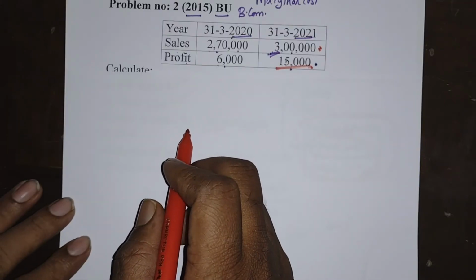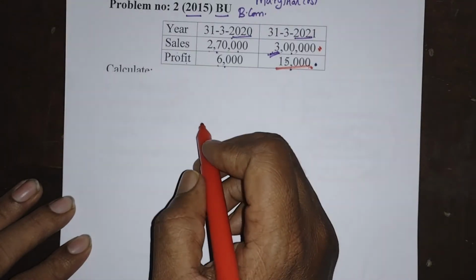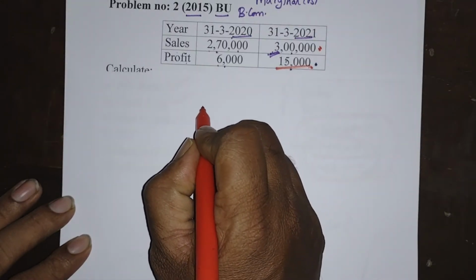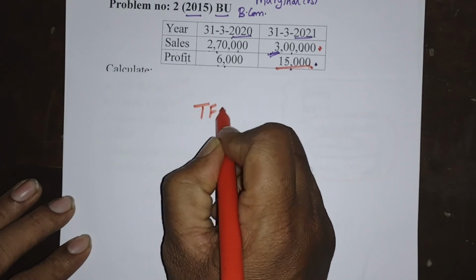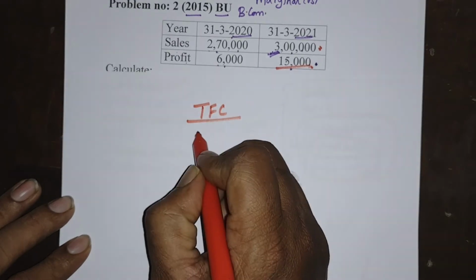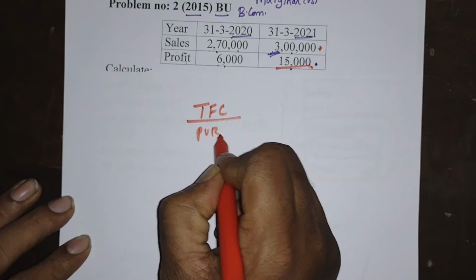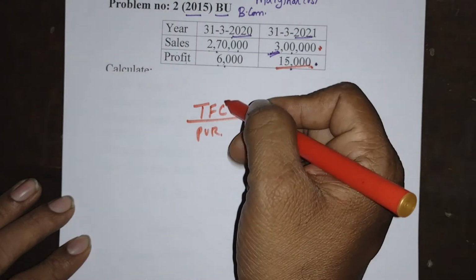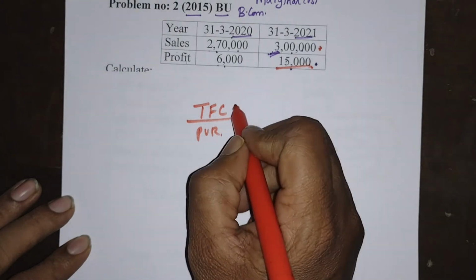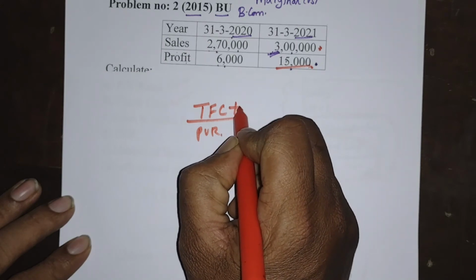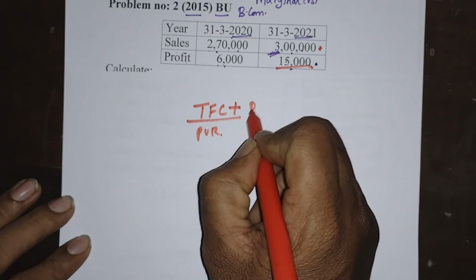For that, it is very simple to apply the BEP in rupees formula: total fixed cost divided by PV ratio, with this, add the desired profit.